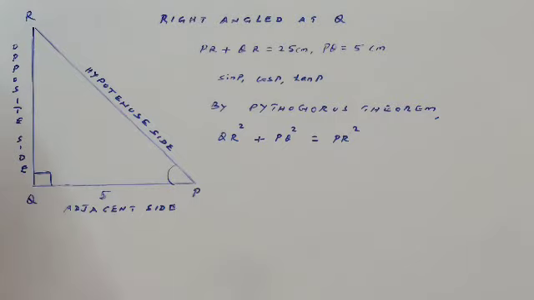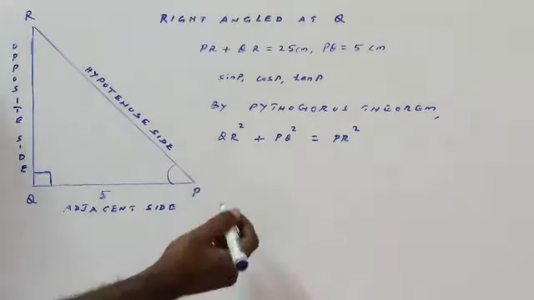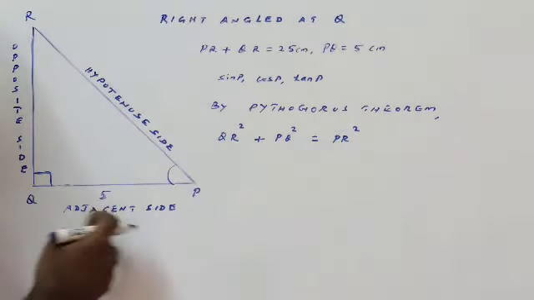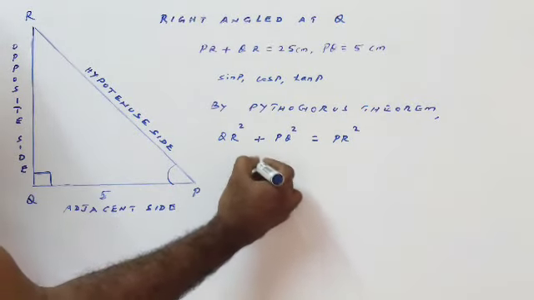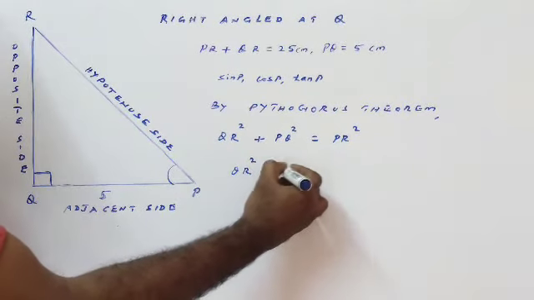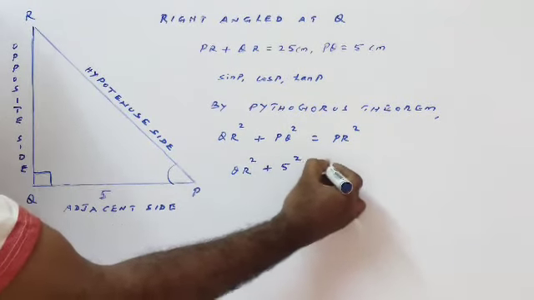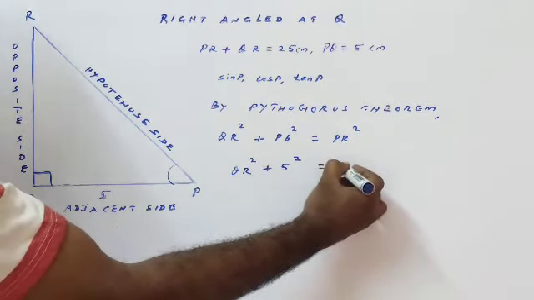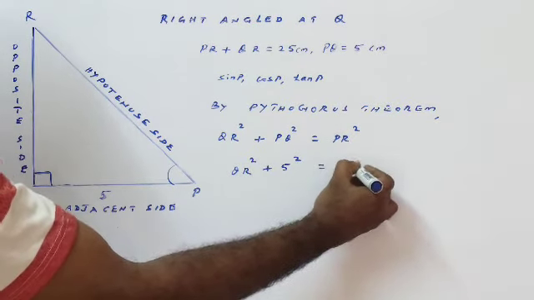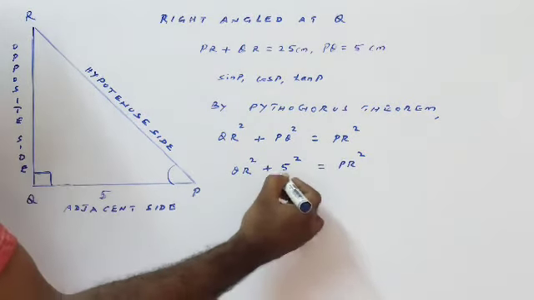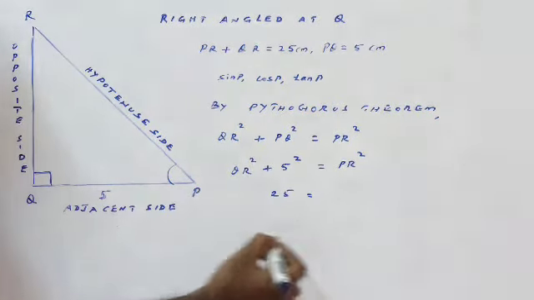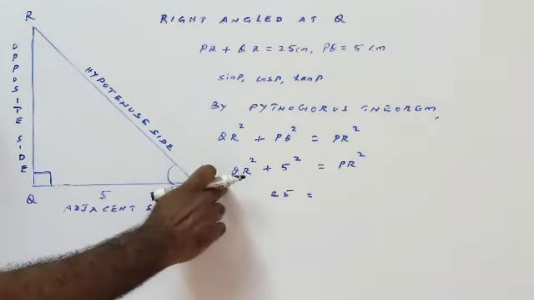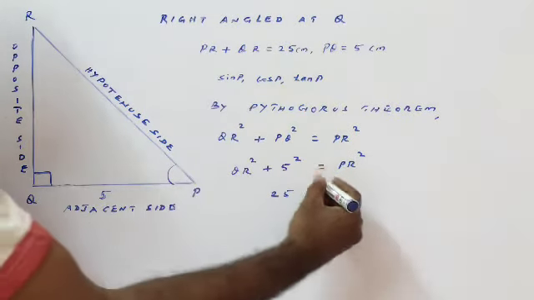Now we know the value for PQ. QR square plus 5 square equal to PR square. 5 square gives 25. Now write QR square into right side.